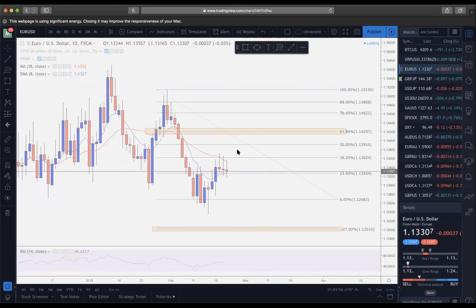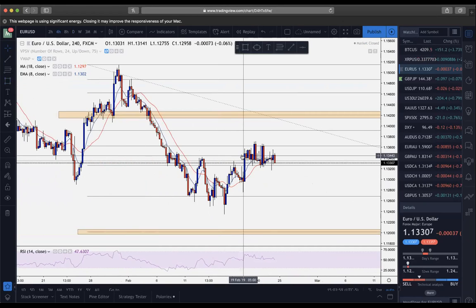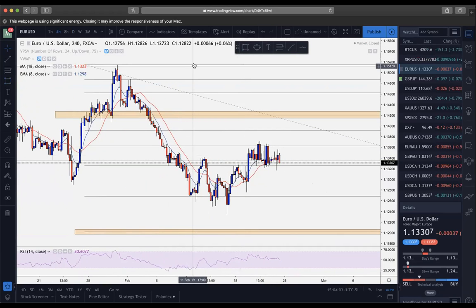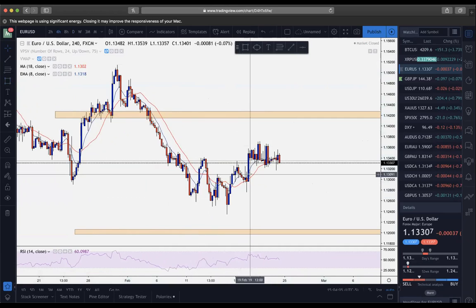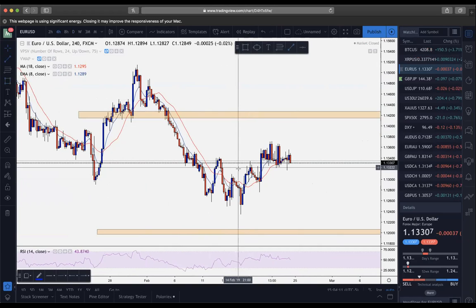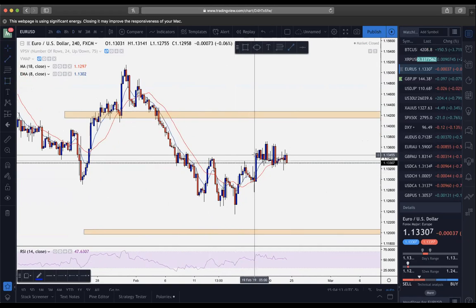So I go to the 4 hour. Now this is where it gets interesting on the 4 hour. Because you do have kind of an uptrend forming.